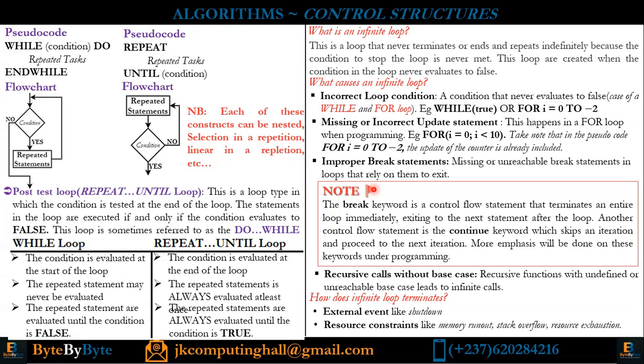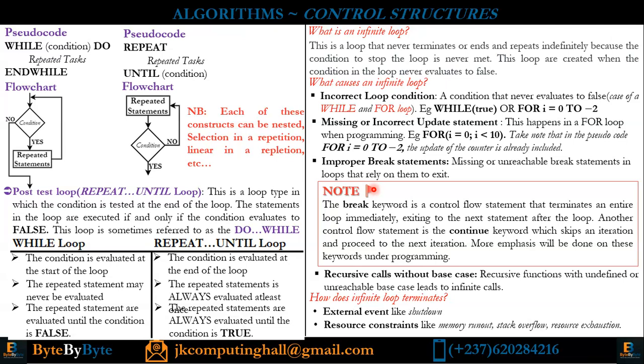We have resource constraints like memory running out, stack overflow, or resource exhaustion. For example, let me take the case where you have a computer that enables you to write a program that can take a maximum of 100 megabytes. If you write a program and in your loop there are variables being created that consume memory, as long as the loop executes indefinitely, more and more variables consuming memory will be created.